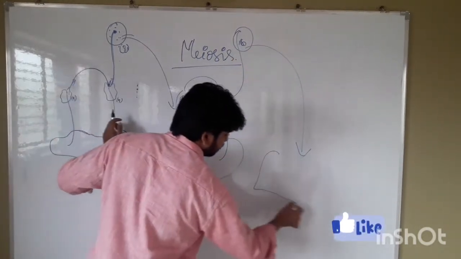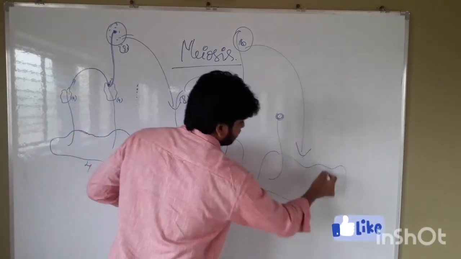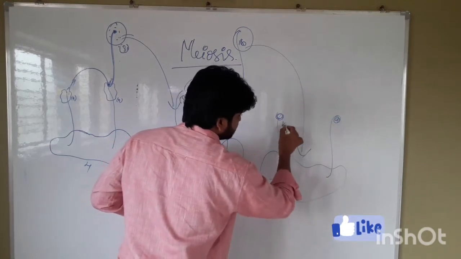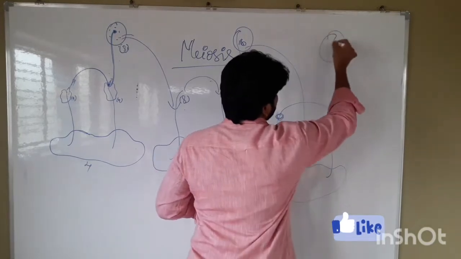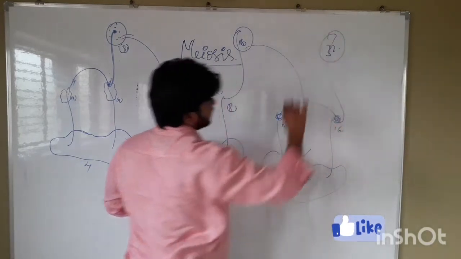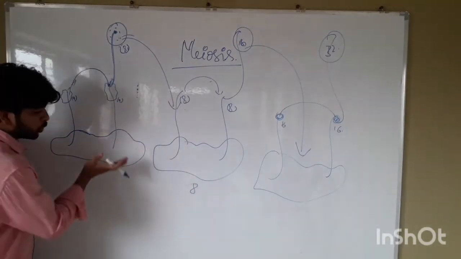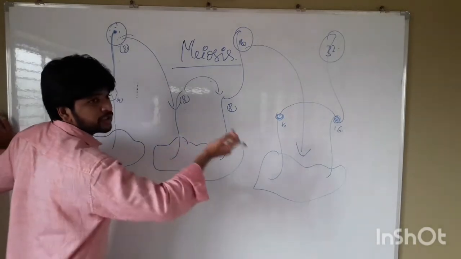Again the gametophyte produces male and female reproductive structures, with male and female gametes with 16 chromosomes, and fusion, and again a new sporophyte, and again the chromosome number is increasing. Here, the chromosome number is increasing from one generation to another.